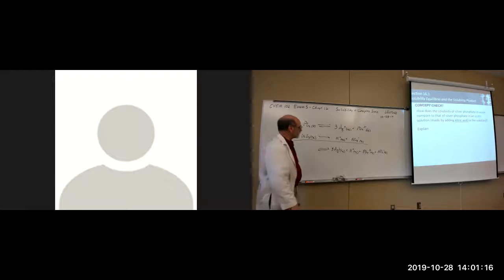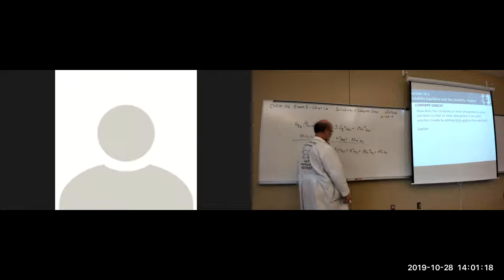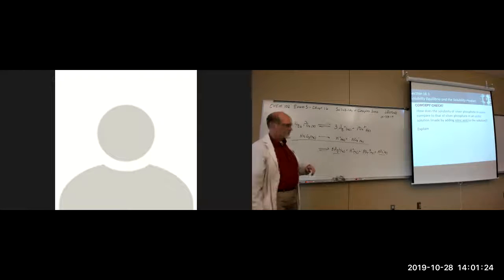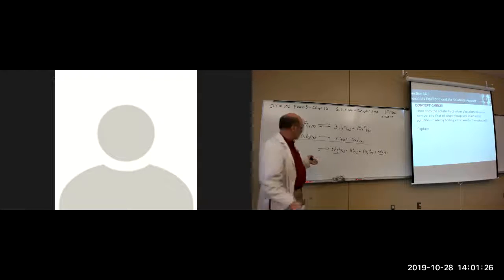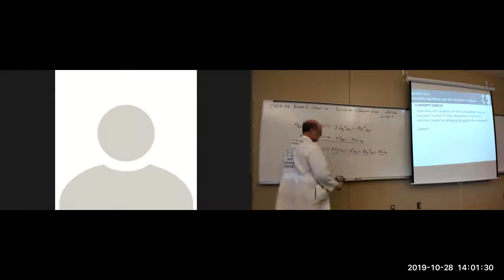Okay, so let's look at silver. What is it going to interact with? Well, there's the cation, there's the anion, right? We still got a soluble compound, silver nitrate. So that doesn't do it. How about interacting hydrogen with phosphate? What does that do?